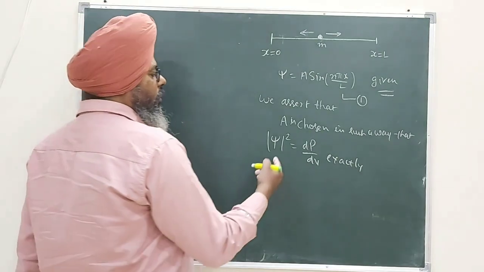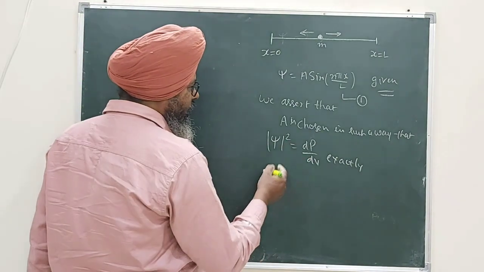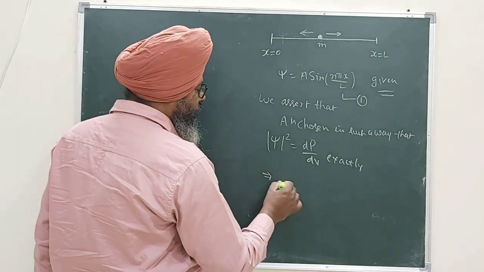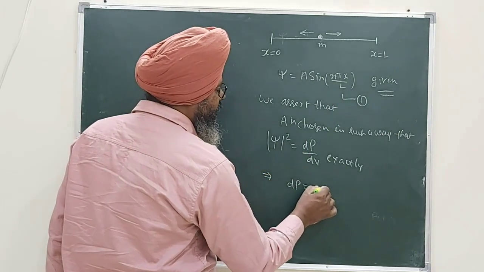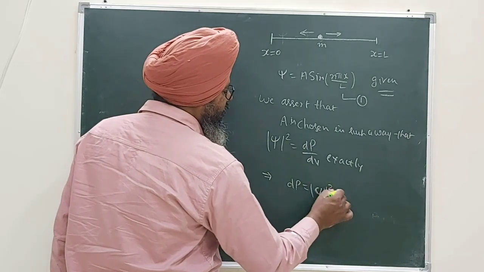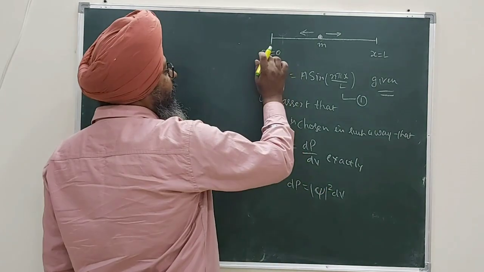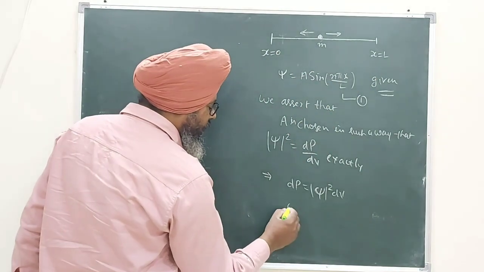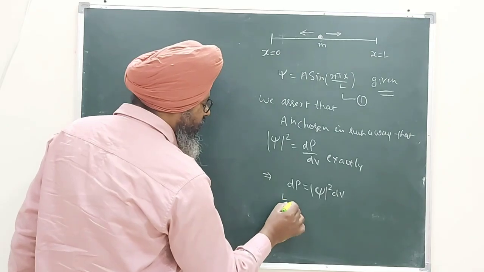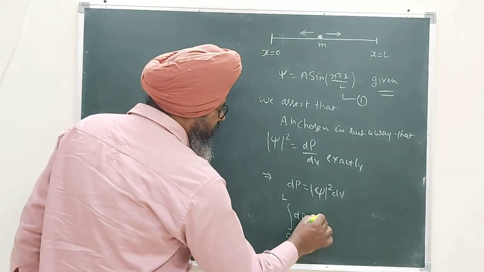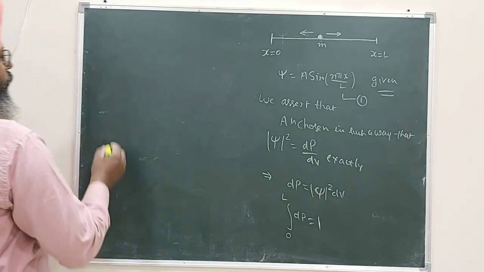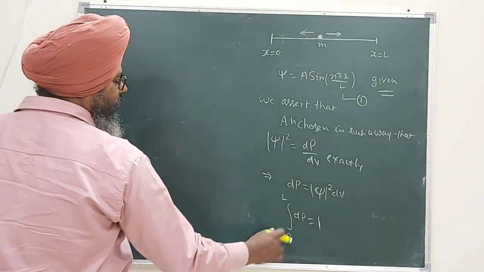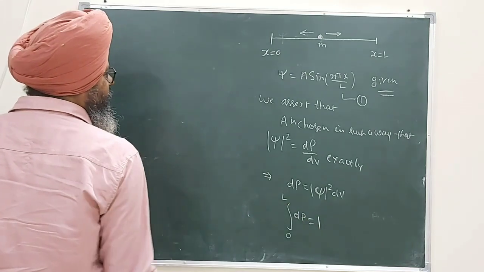Let us see how. If I test this assertion, my dp will be simply equal to psi magnitude square dv, and since the particle cannot go out of this region 0 to L, the integration of dp from 0 to L must be equal to 1. Since the particle is always present from 0 to L, the total probability of finding the particle from 0 to L is always equal to 1.